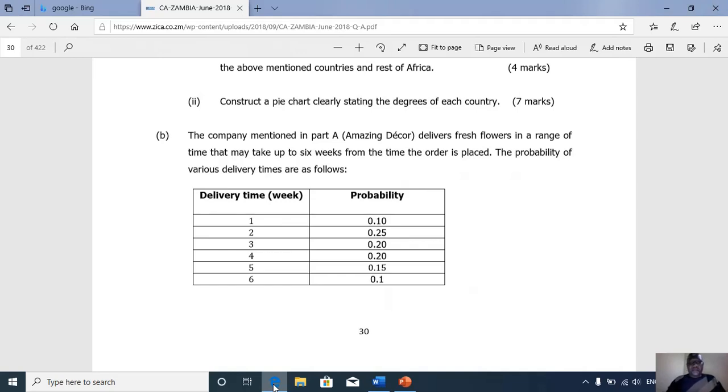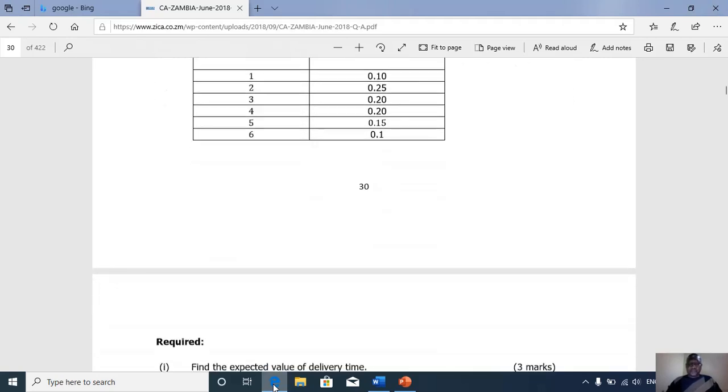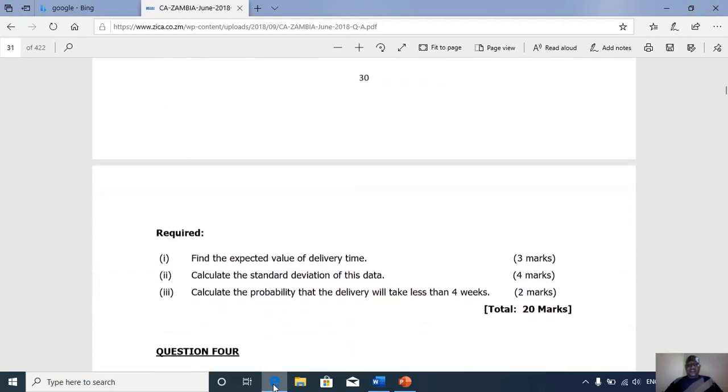It says the company mentioned in part A, Amazing Deco, delivers fresh flowers in a range of time that may take up to 6 weeks from the time the order is placed. The probability of various delivery times is as follows. So you're given delivery times, those are the x values, and you're given the probabilities. Then the question says find the expected value of delivery time.